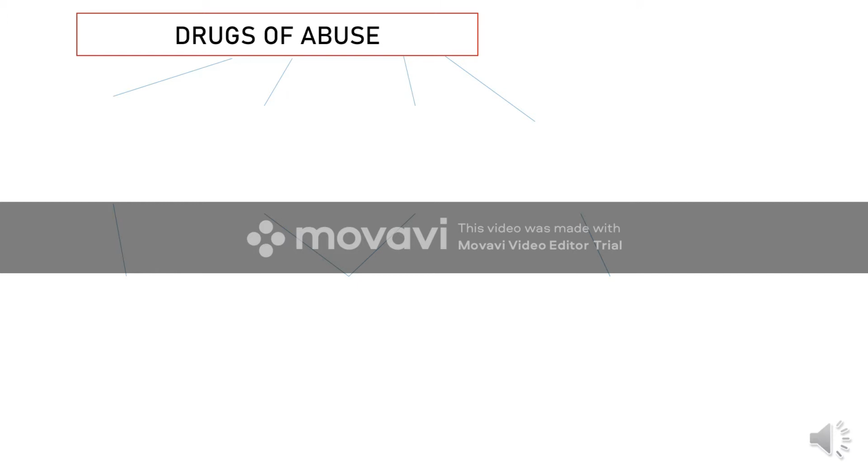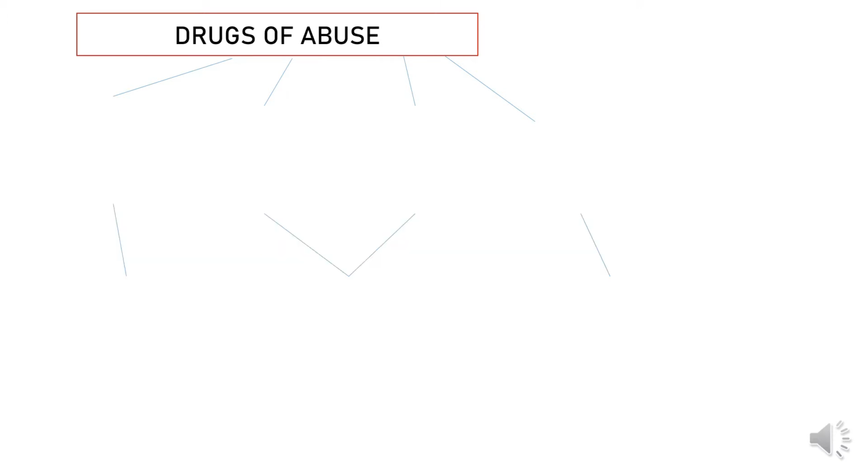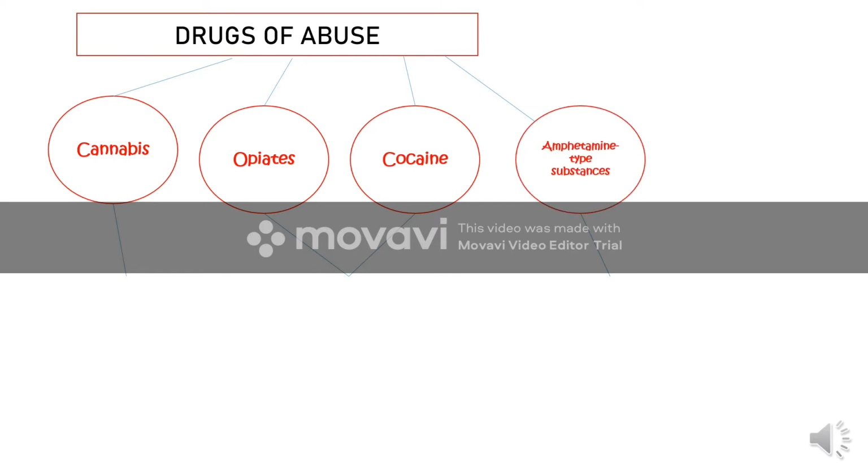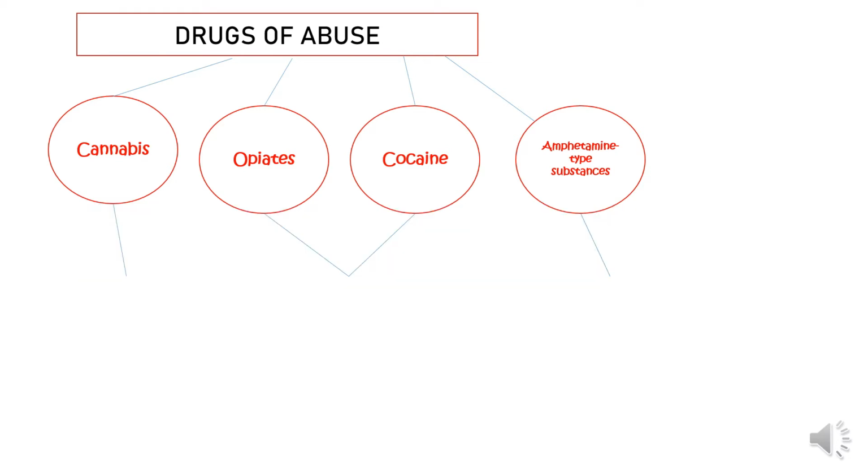Moving on from the previous video, I've mentioned that controlled drug production and use tends to concentrate around 4 drugs or drug types. So these are cannabis, opiates, cocaine, and the amphetamine type substances.